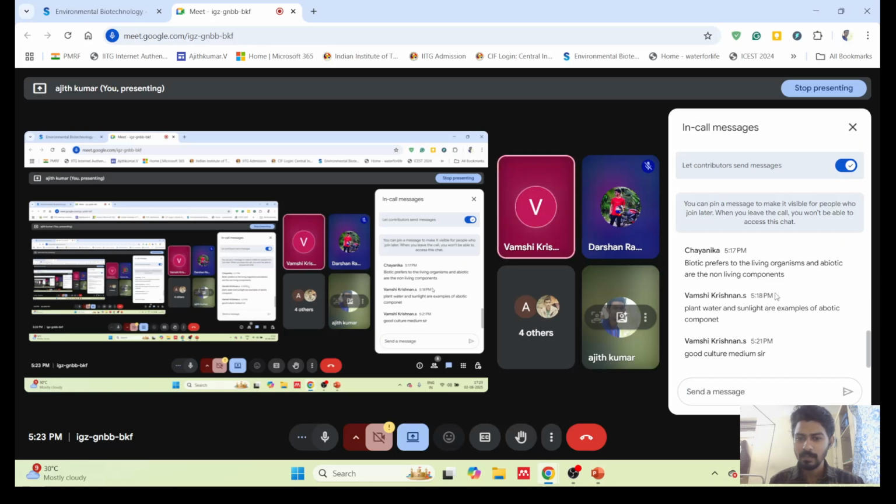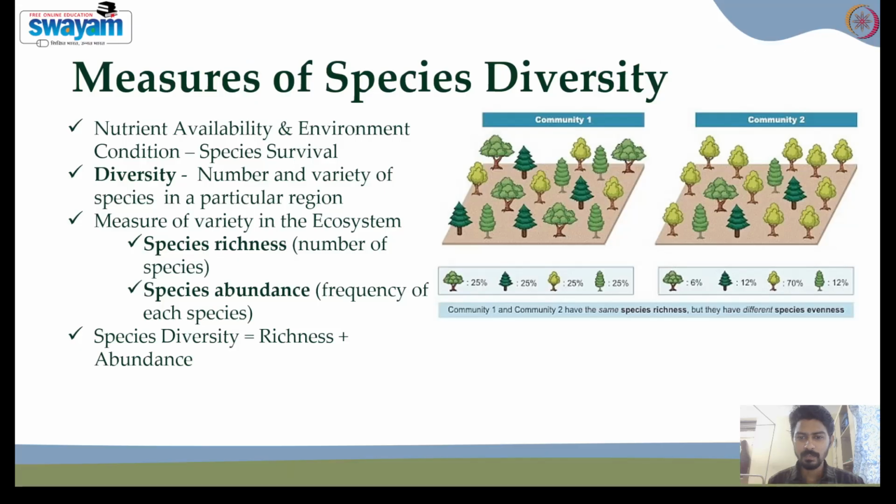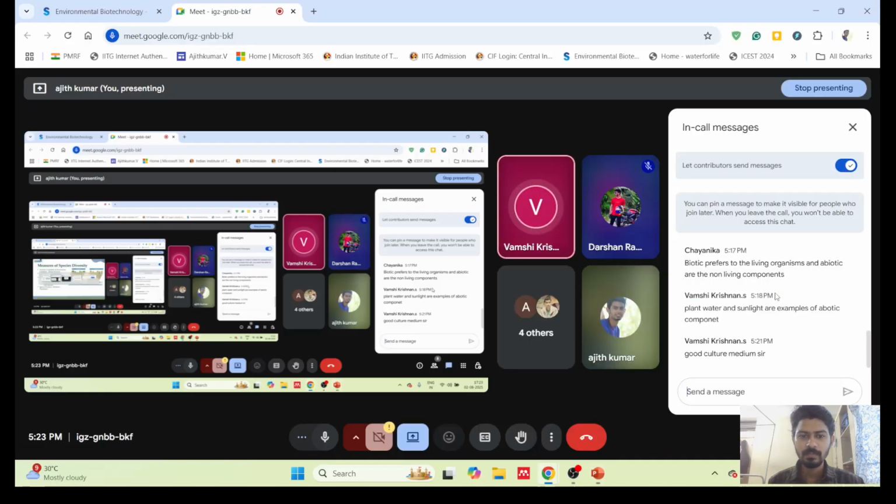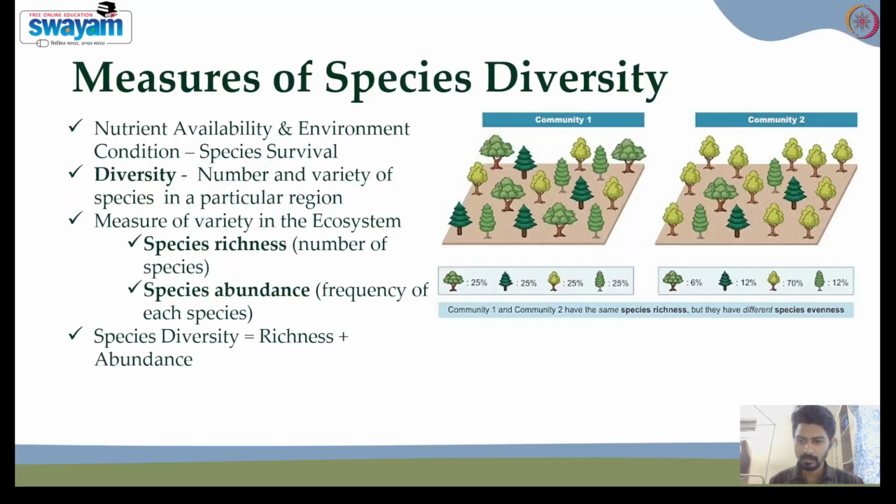Because the same number of species are there in both communities, so the richness is also the same. Yes, there are four types of trees in both communities. That is why species richness is the same. Correct, Vamsi? That is correct. Thank you.